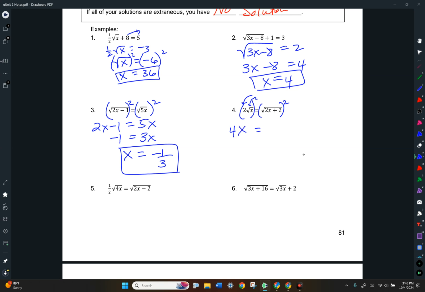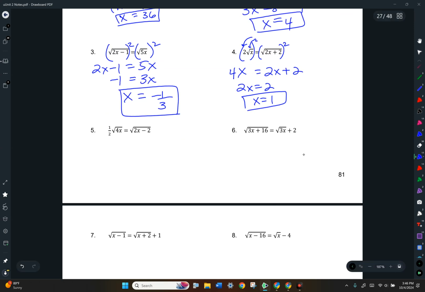And on the right side, the square will cancel the square root, and you just have 2x plus 2. So again, now I can finish my solving. I'll subtract 2x, and then x equals 1. Okay, and both of those we probably would have done in Algebra 2, right, where you square both sides, everything kind of works out nice and neat.